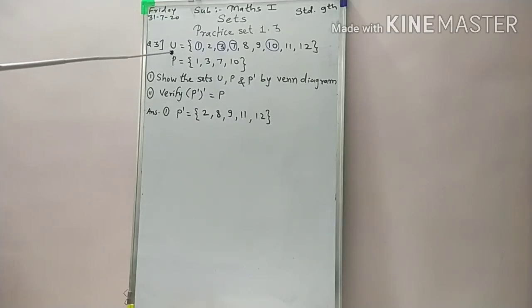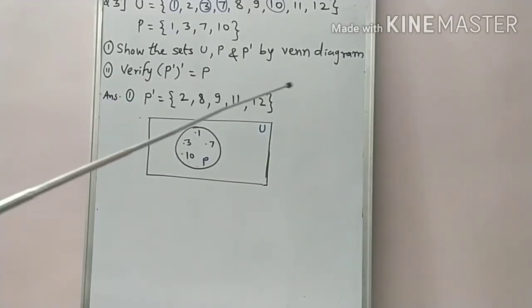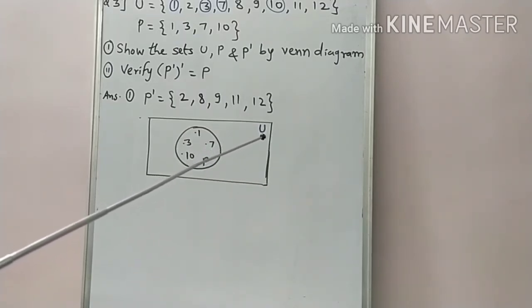Now we have to represent this U, P and P dash by Venn diagram. So of course we draw what? A rectangle for the universal set, and then in that rectangle we represent P and P dash. So here we draw the rectangle which represents the universal set, and write U over here.